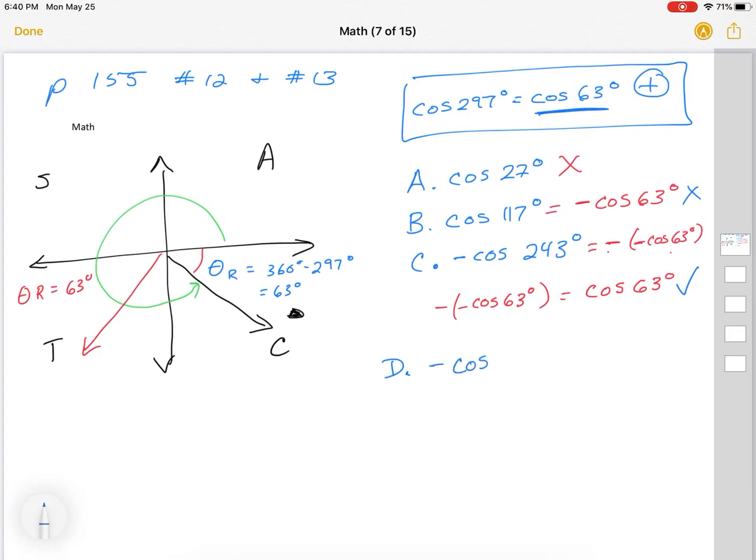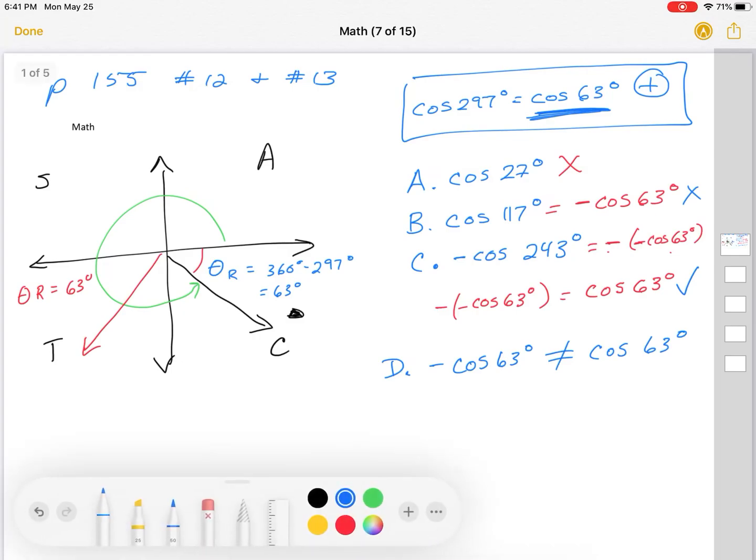Okay, now let's just check out D. D says negative cos of 63 degrees. Well, we've already determined right off the bat that cos of 297 is equal to cos of 63, and it's positive. So it does not equal a negative value of cos of 63.